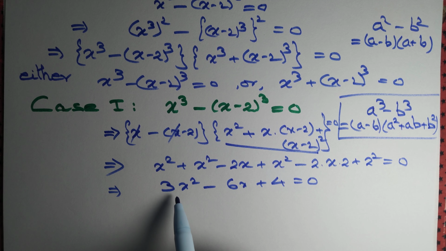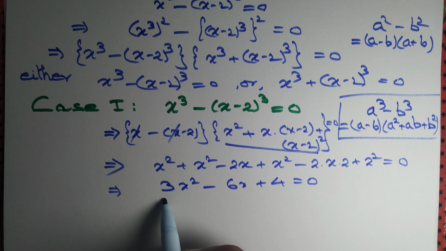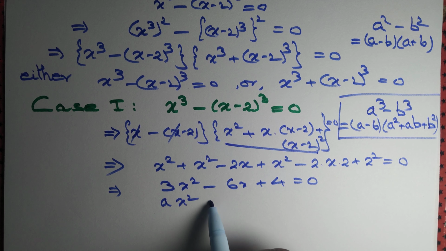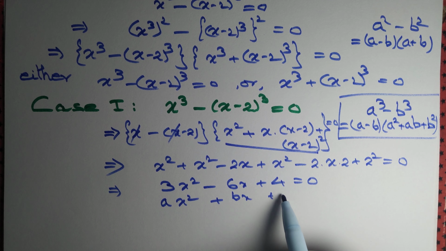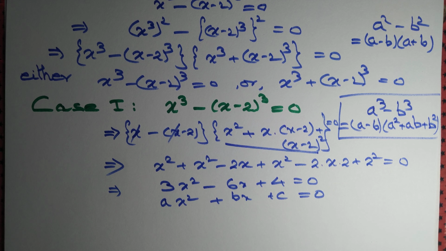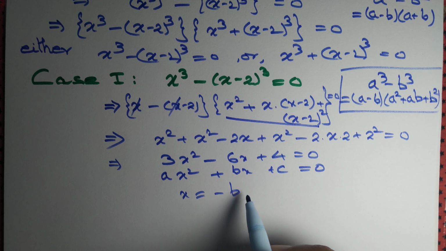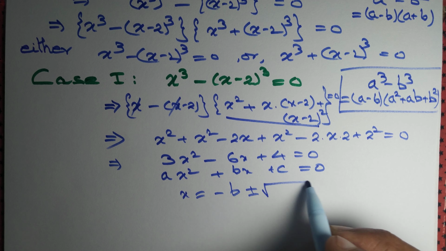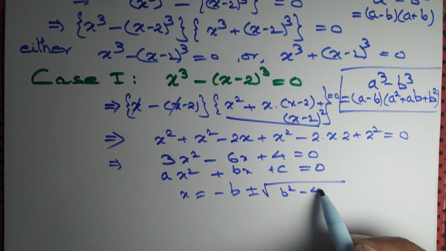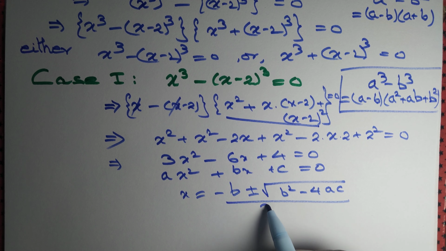Now we see that this is a quadratic equation. Let's write it in the form ax square plus bx plus c. That's a quadratic equation, and the roots are given by x equal to minus b plus minus root over b square minus 4ac, by 2a.